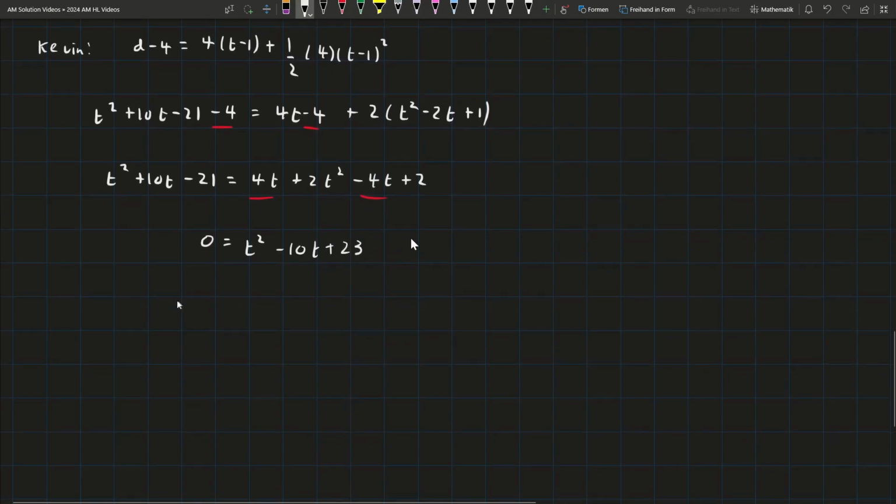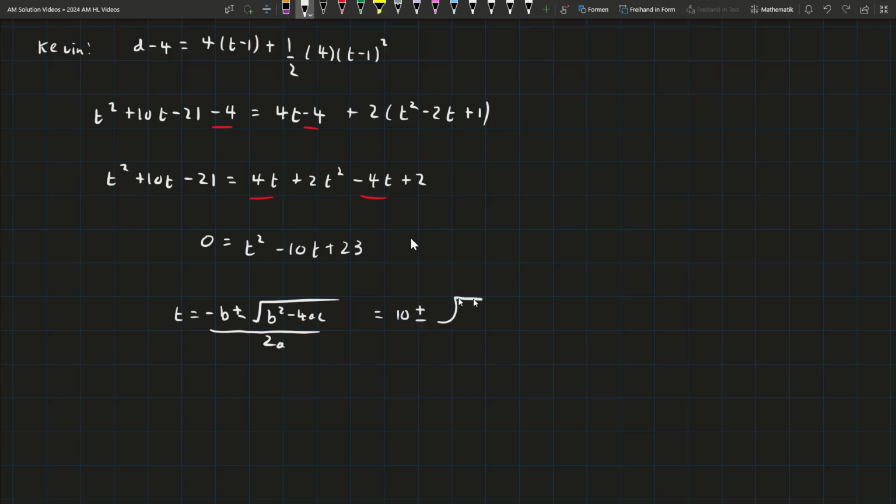Now we can just use the quadratic formula to solve this because there's no factors of 23. t equals negative b plus or minus the square root of b squared minus 4ac, all over 2a. It's just a good idea to write down the equation. So t will be minus negative 10, which is just 10, plus or minus the square root of b squared, which is 10 squared, minus 4 times 1 times 23, all over 2 times 1.